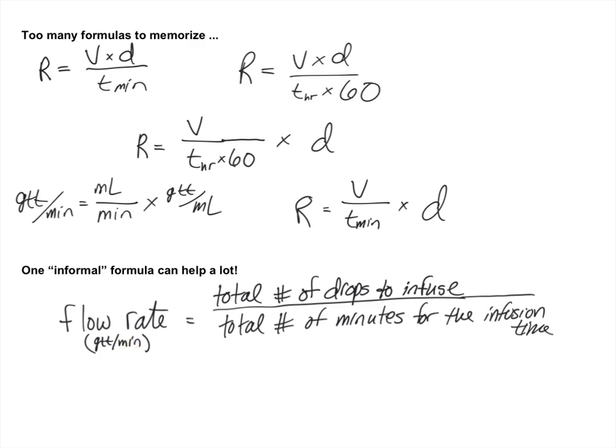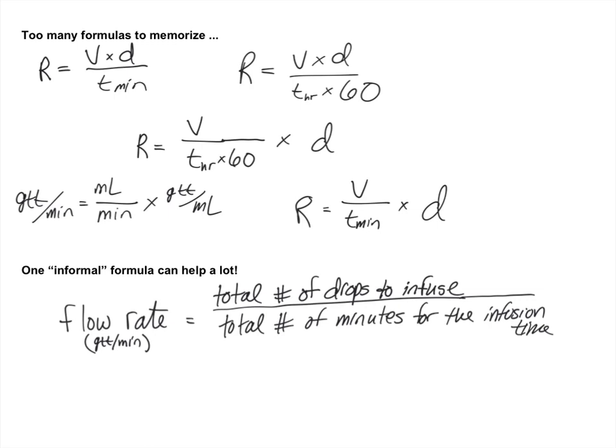So what I can think about as a nurse is if I know the total number of drops that this patient or an individual needs to receive, and I divide that by the total number of minutes for the infusion time, then this ratio, once simplified, will give me a unit rate. It'll give me the total drops per minute.